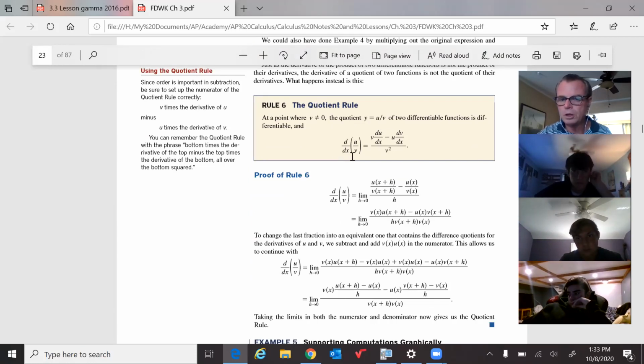So what do you do? You take the denominator, which was v, and you go to your derivative and you paste it, and you square it. So I have u divided by v, so I have v squared in the denominator of my answer. But I take that same term v and put it in the top, in the numerator. And I multiply by the derivative of the numerator.